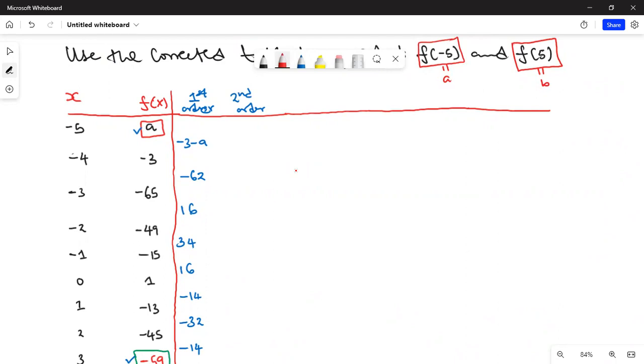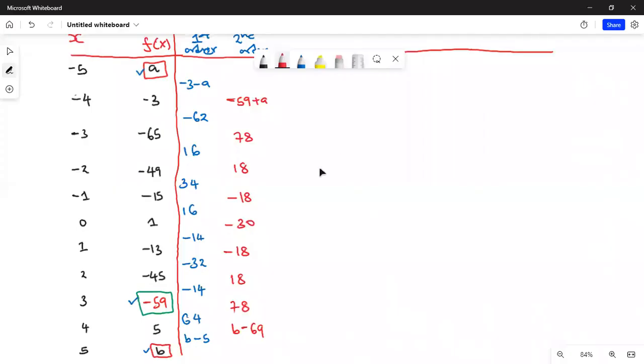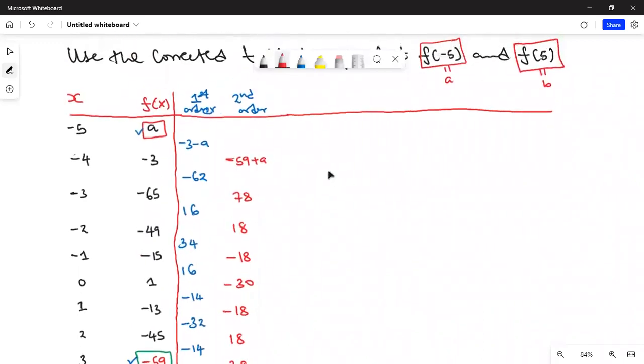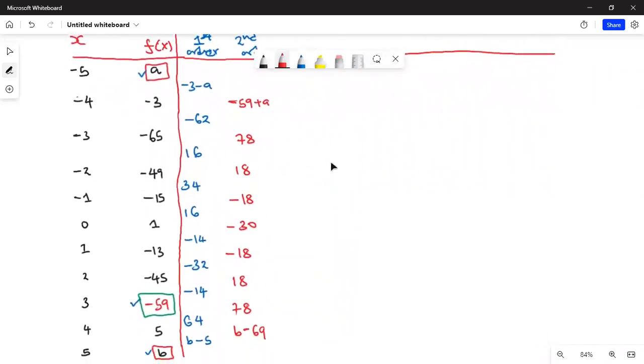And so that should give us -62 plus 3 is -59, then plus a. 16 minus -62, that should give us 78. So you can proceed with the same subtraction. So these are the correct values under the second order difference column.